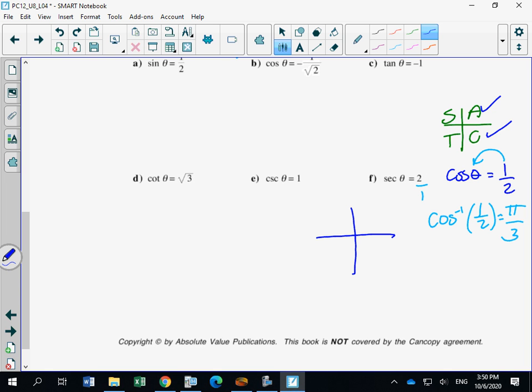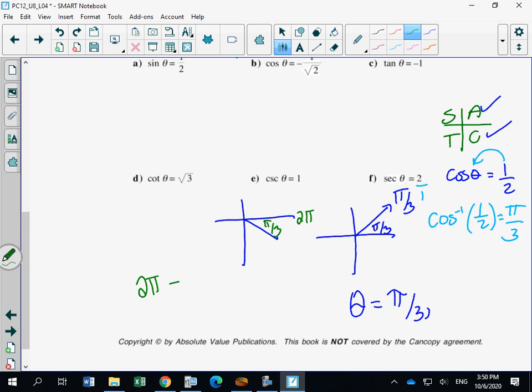In quadrant 1, if my reference angle is pi over 3, my rotational angle is pi over 3. So I've got the answer for quadrant 1. My next answer is in quadrant 4. In quadrant 4, if your reference angle is pi over 3, your rotational angle is going to be 2 pi minus pi over 3.